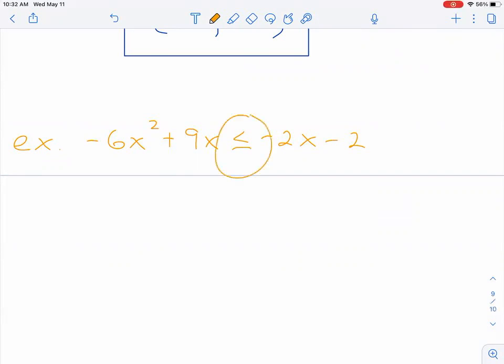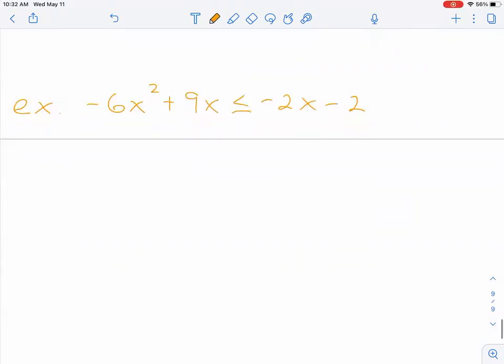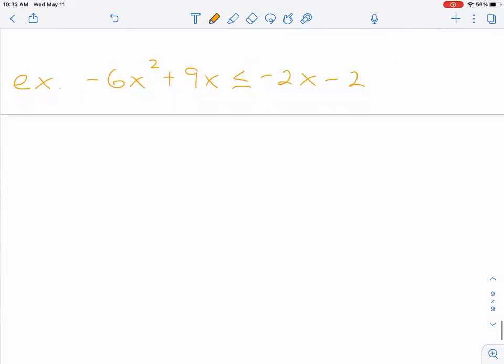Okay, added the equal to there. So we have those boundary points. All right, first thing we want to do is get everything on one side. So I'll move everything to the left. And we have negative 6x squared plus 11x plus 2 is less than or equal to 0.